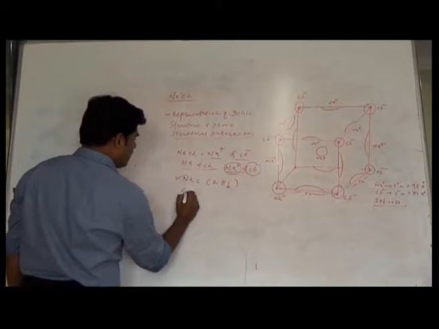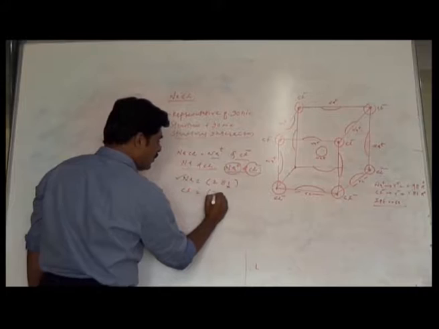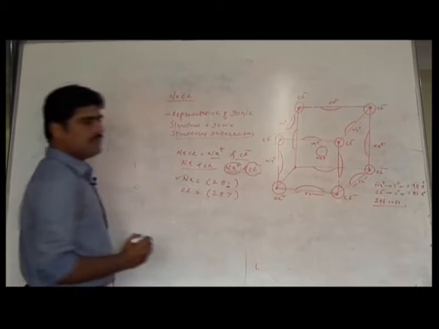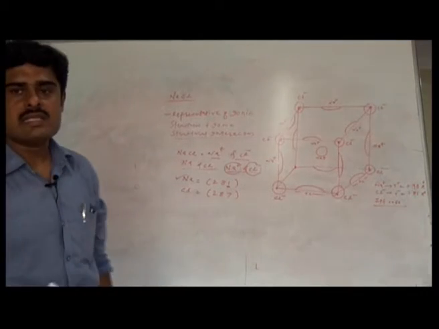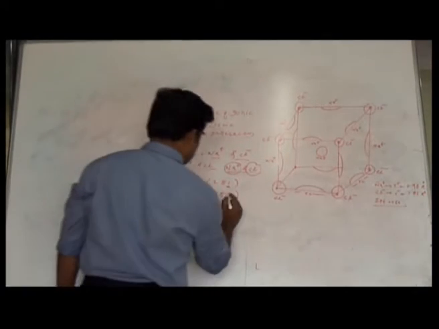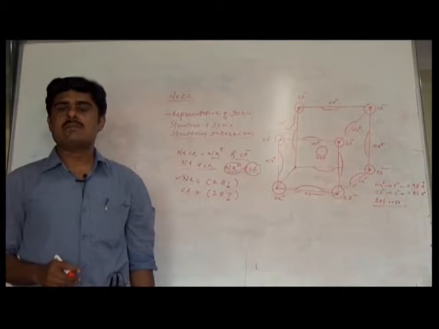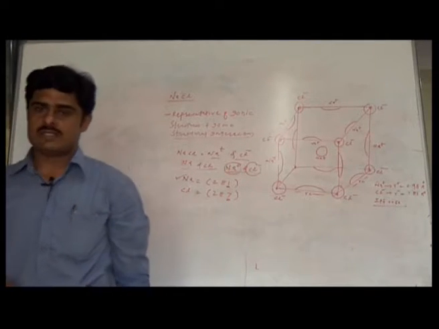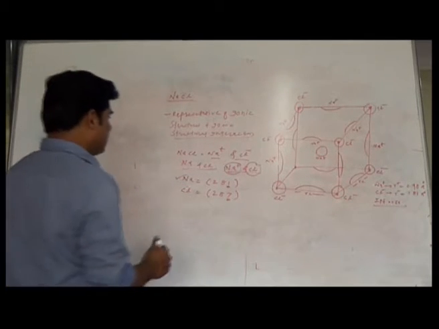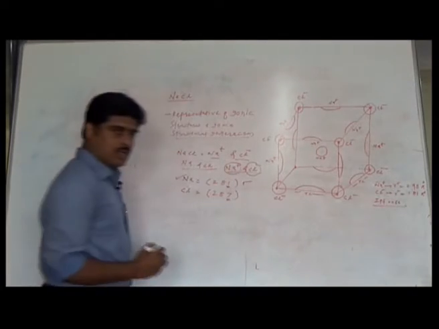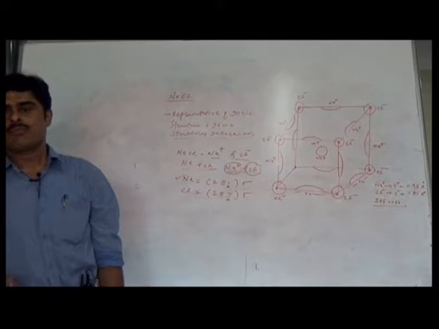Then there is Cl, which is 2, 8, 7. It has 17 electrons, so the last shell in chlorine has 7 electrons in its valence shell. Chlorine is ready to accept one more electron to complete its octet. So it is a need-based behavior. Sodium is ready to donate one electron, and on the other side, chlorine is ready to accept one electron.